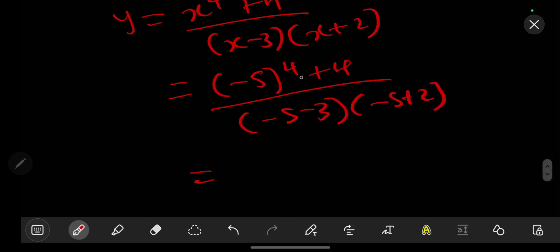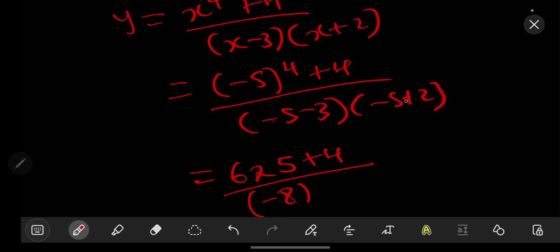So this will give us -5 to the power 4, which is 625, plus 4 over, we have a -8 there. We multiply this -8 by -5 plus 2, which will give us a -3.